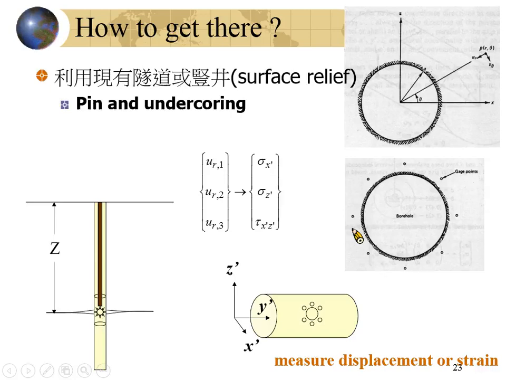Please think about it: if your K is not equal to 1, it means your vertical stress and horizontal stress are different, then the sigma theta here and the sigma theta here will be different.